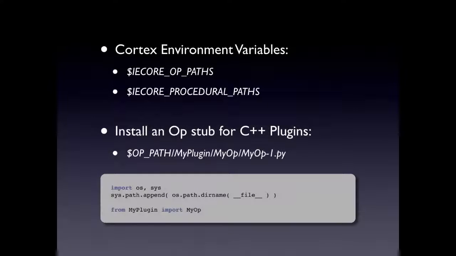For deploying, all you need to do is basically set the respective environment variables for the new application. And if you've got a C++ plugin, add an op stub into the plugins folder. Basically, just a small, simple Python script to refer back to your C++.